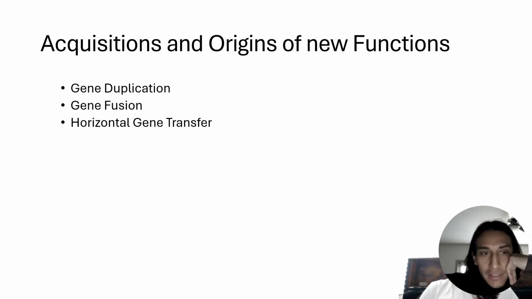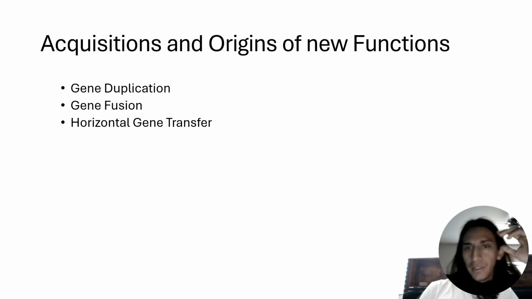So that's it, guys. I mean, there wasn't really much to discuss in this presentation. It was relatively short. There weren't many topics to go over, but I guess you guys get the idea of molecular evolution.